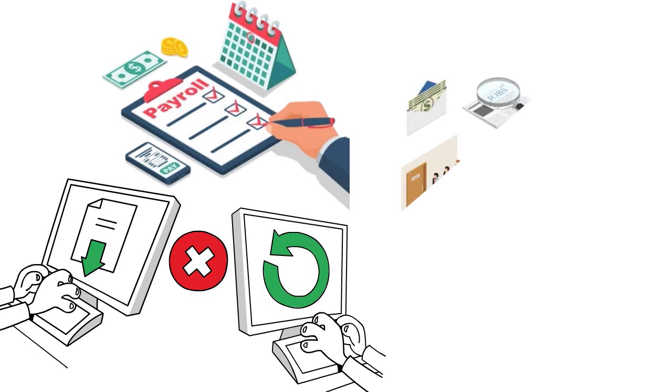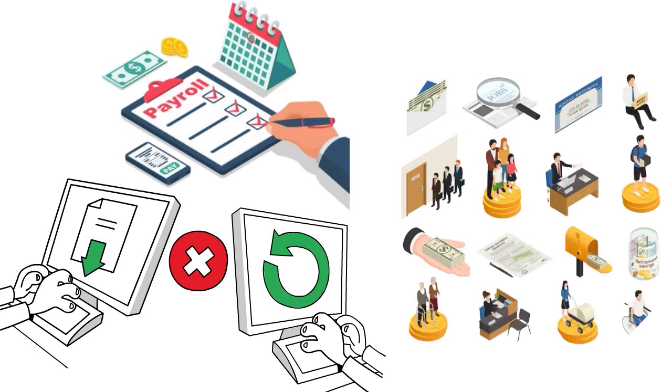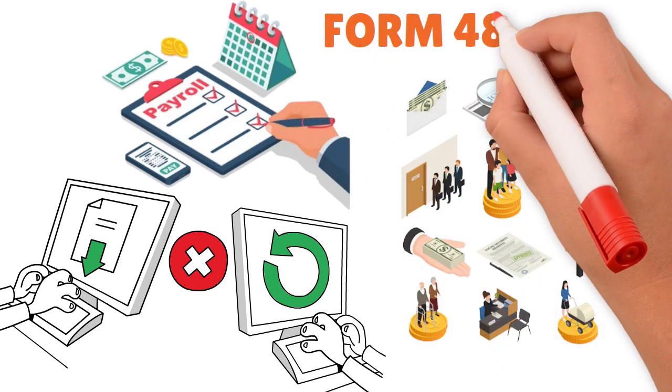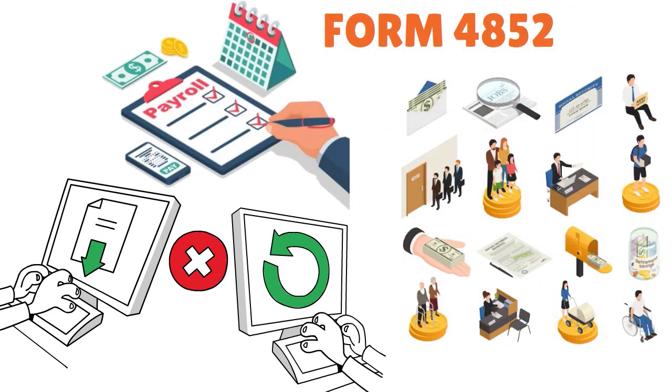Think about wages, tips, and other compensation, Social Security wages, Medicare wages, and taxes withheld throughout the year. Once complete, attach IRS form 4852 to your 1040 or other federal tax return forms and send it to the IRS. IRS form 4852 can also be used if your employer has sent you a W-2 with incorrect information on it. This is really important.